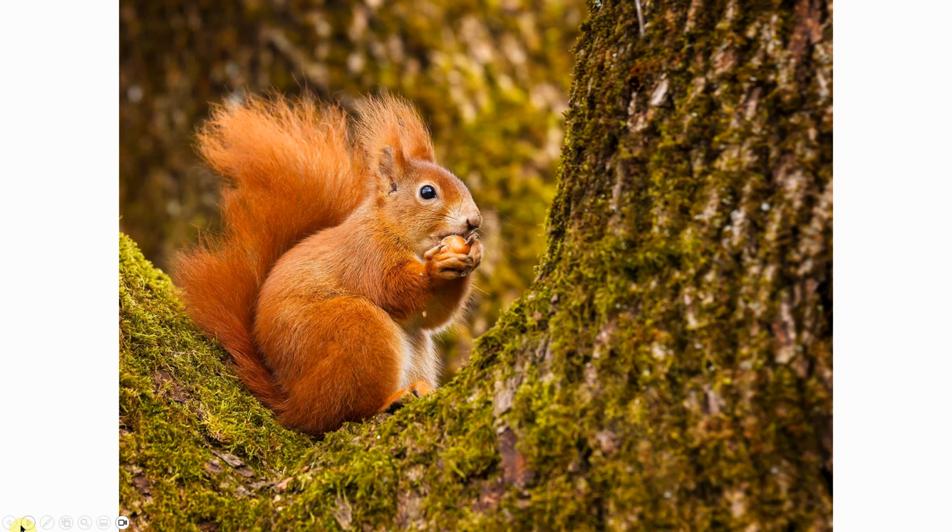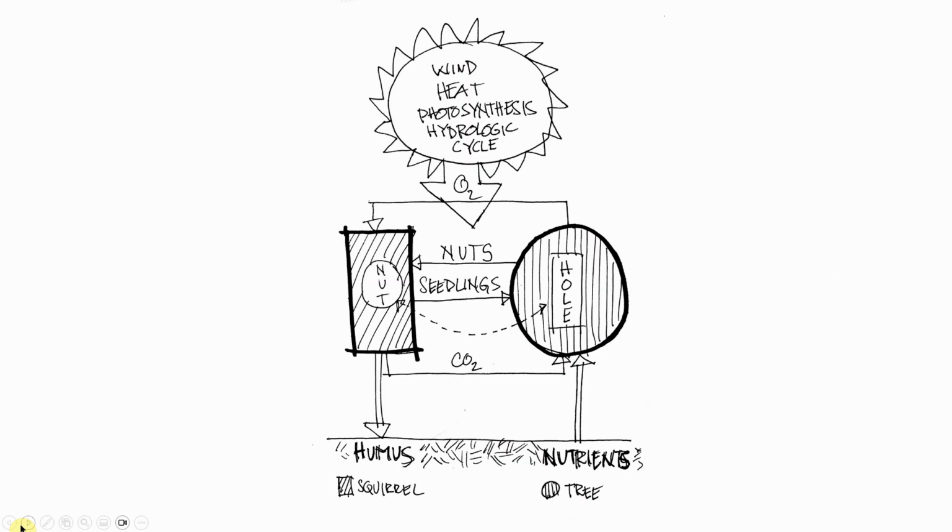Just to get into sustainability in a little more detail, in this actually literal example, the relationship between a squirrel and a tree. The squirrel is the rectangle and the tree is the circle. The squirrel will eat nuts that fell from the tree, but bury some of them, that then grow into more trees. Through that process, the squirrel is exhaling carbon dioxide, which the tree then inhales, and the tree is exhaling oxygen, which the squirrel inhales.